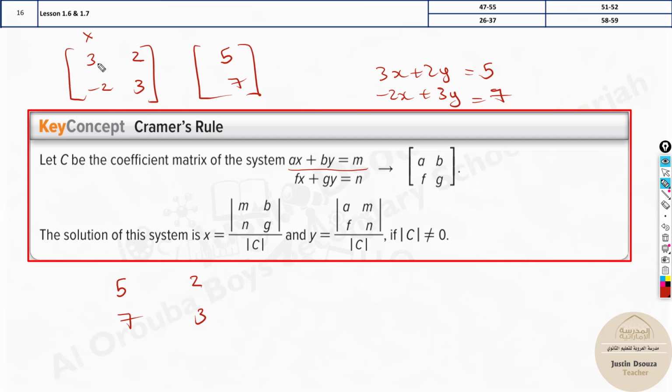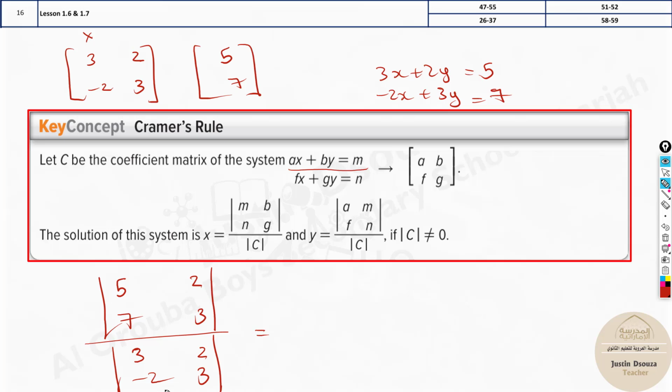We are just dealing with x now, right? So these two change. We find the determinant of that, divided by the determinant of the coefficient matrix, which is 3, minus 2, 2, 3. So you replace the x values, because you want to find x, with whatever is on the right side of the equal sign, divided by the determinant of the coefficients.